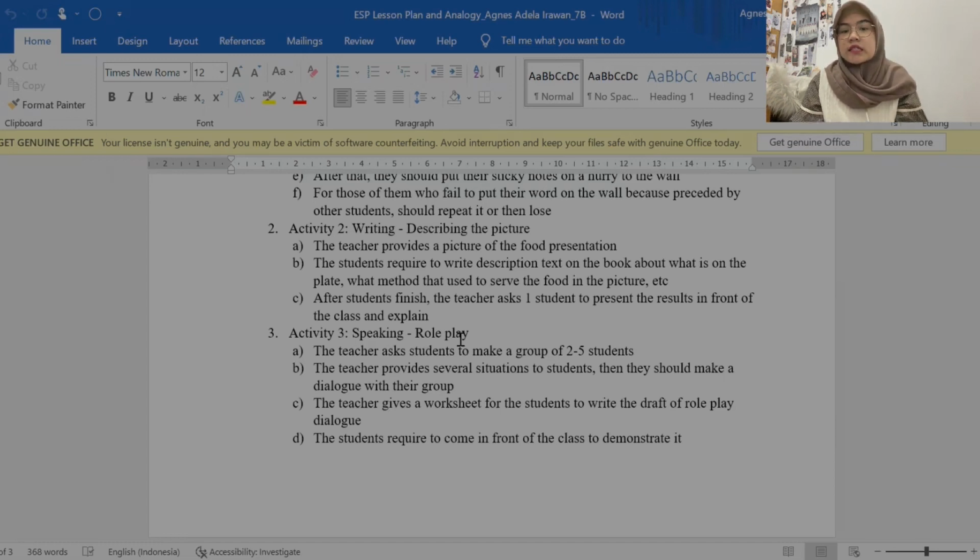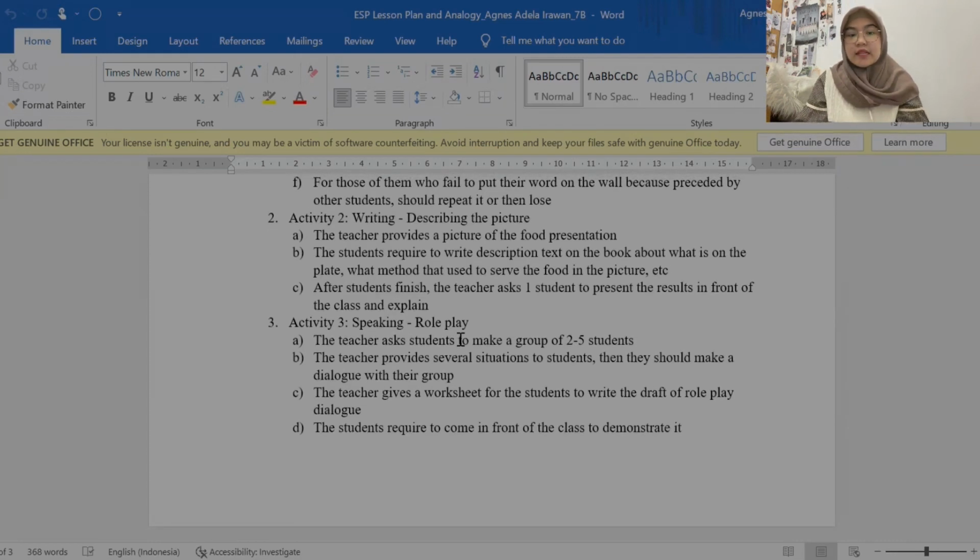Okay, and then the students are required to write a description text in their book about what is on the plate, what method is used to serve the food in that picture, or etc. And then the last, after the students finish, the teacher will ask one student to present the result in front of the classroom and explain what they already wrote.